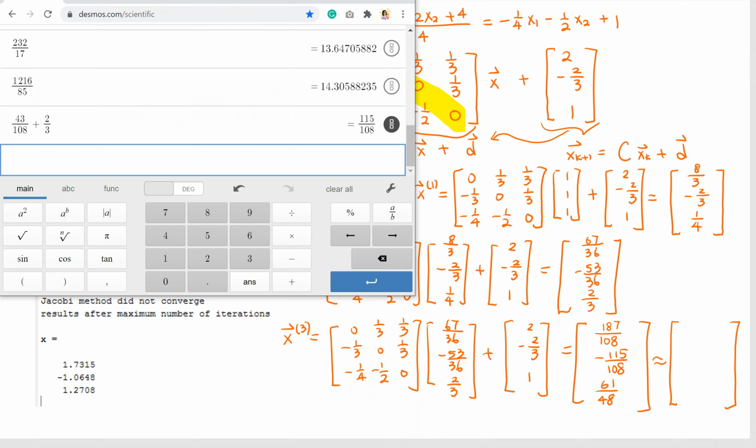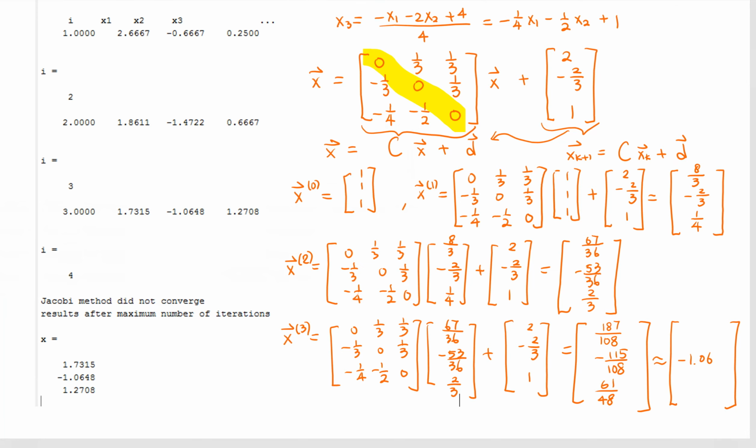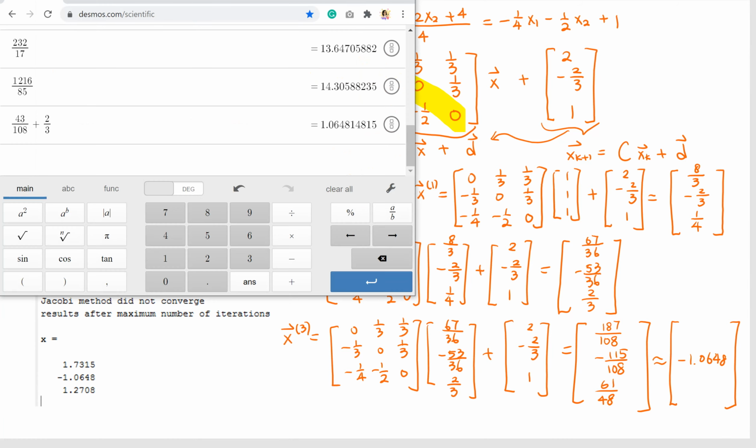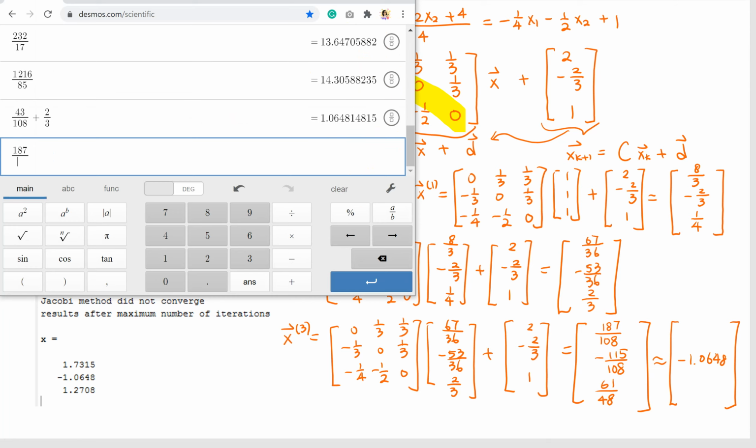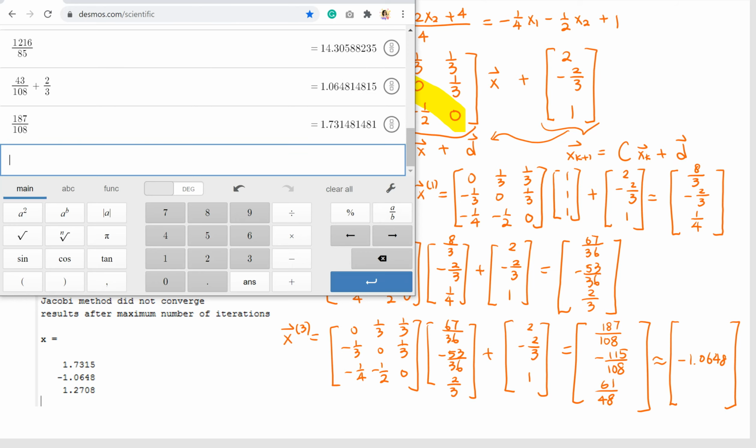By the way, the middle one we know is minus 1.0648. And then the top one we have 187 over 108, which is 1.7315.